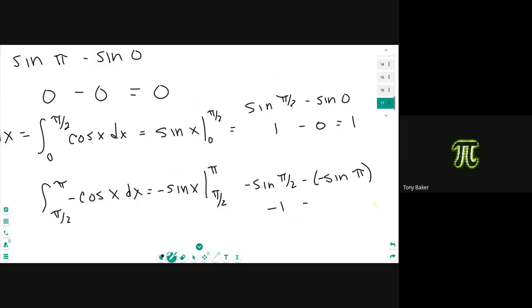Oh, I have it backwards. I'm like, wait a second. I know something was wrong. That's why. There we go. And we add them together.